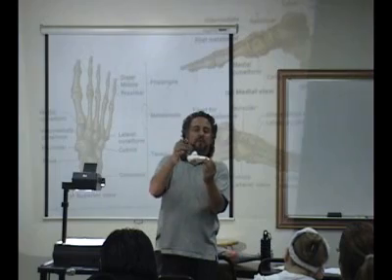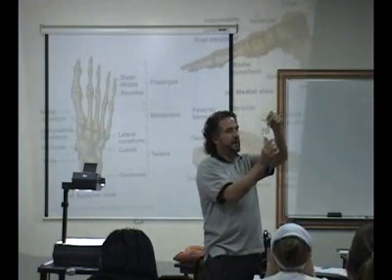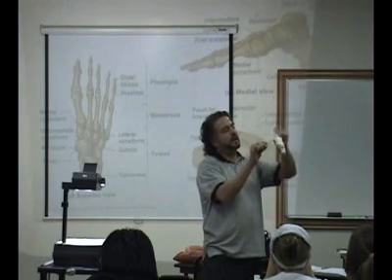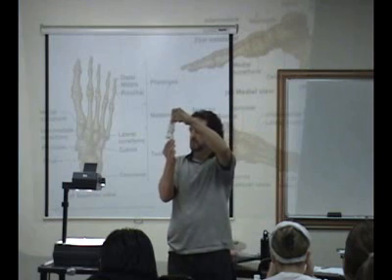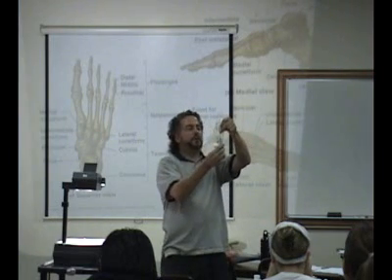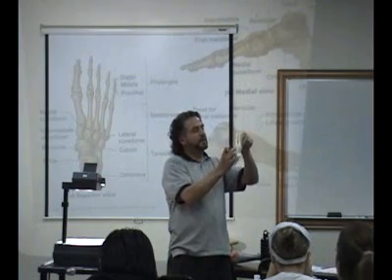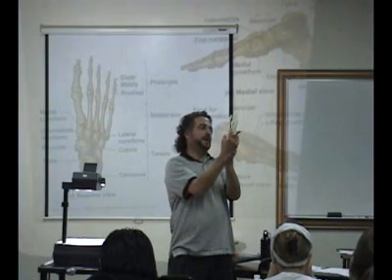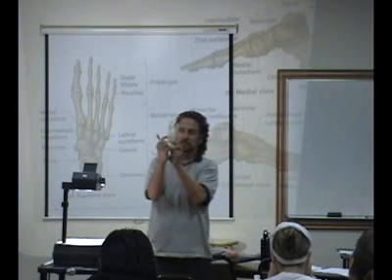And then coming forward in this, if you call this the proximal row, kind of like what we did in the hand, you have on this side, you have the navicular, and then this side is the cuboid. Right? The cuboid goes all the way to the fourth and fifth metatarsal. But on the medial side, for the first, second, and third metatarsals, you have the first, second, and third cuneiform.